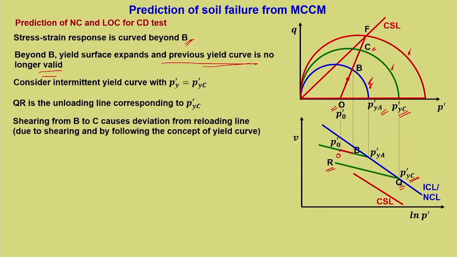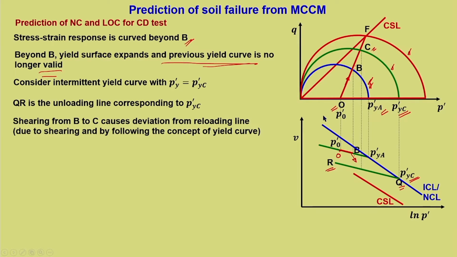Initially it was along the unloading reloading line, which is the elastic response, but on shearing at B it has to deviate. So, at this particular point B only it is deviating. Initially we have drawn it as a curve, now it is coming along the unloading curve and then it is coming towards the critical state line. So, this particular point from where it will deviate comes from the concept of yield curve.